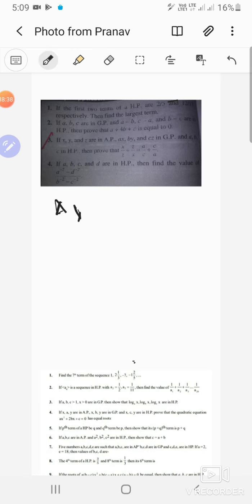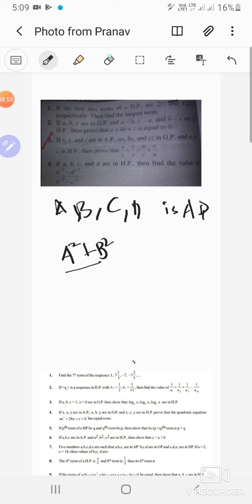Okay, so A, B, C, D is an AP, and you are supposed to find the value of this thing, which basically is A squared minus D squared upon B squared minus C squared.